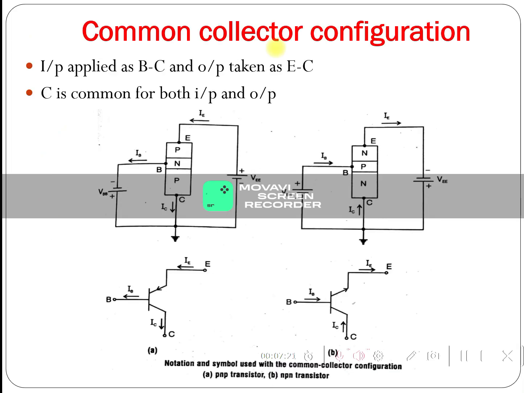Next, common collector configuration. The input is applied between base and collector, and the output is taken between emitter and collector. The collector is common for both the input and the output.